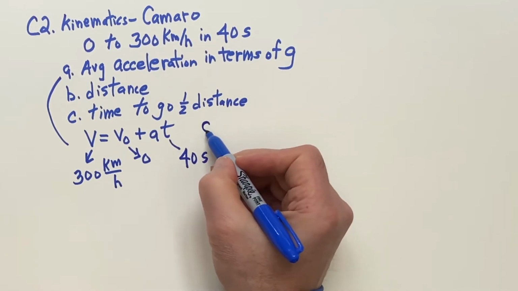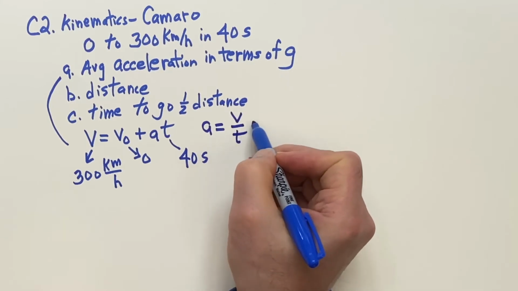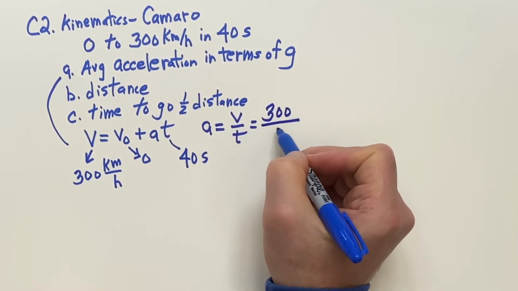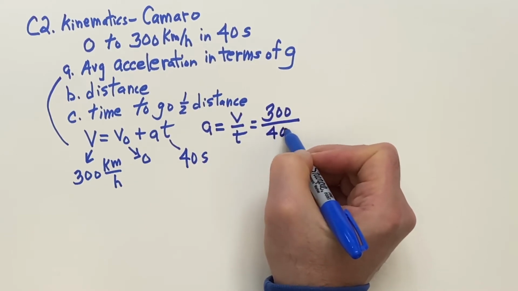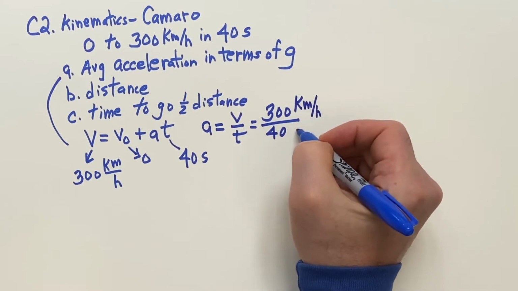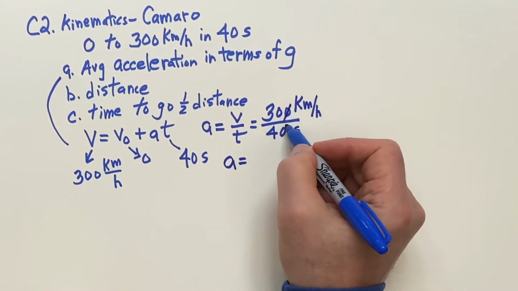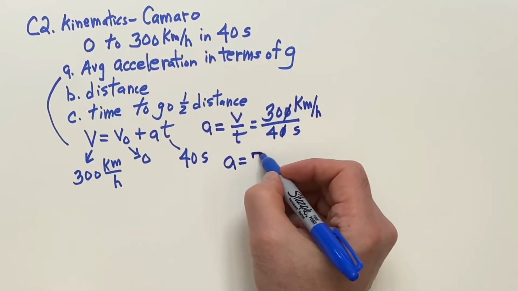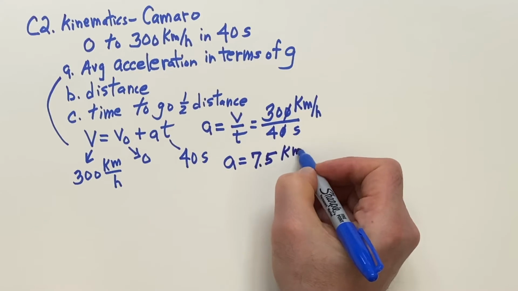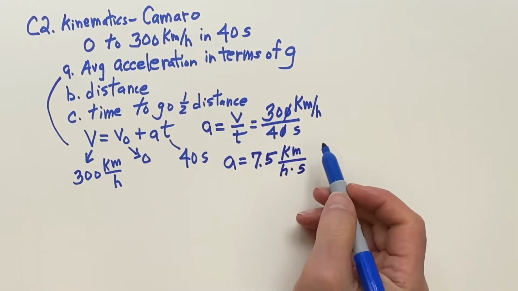So we can solve for a is simply v over t, where v is your 300 divided by your 40 seconds. It's good to keep the units here. Kilometer per hour, 40 seconds. And when you divide this out, you get 7.5 kilometers per hour per second.